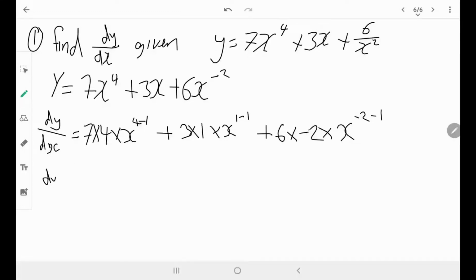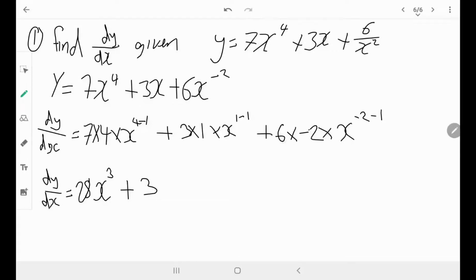So our gradient, our dy over dx is 28, so 7 times 4 is 28, x, 4 minus 1 is 3, so 28x cubed, plus 3 times 1 is 3, and then we have 1 minus 1 is 0, and anything to the power of 0, other than 0 itself, is just 1. So that's like going 3 times 1, so that's just 3.